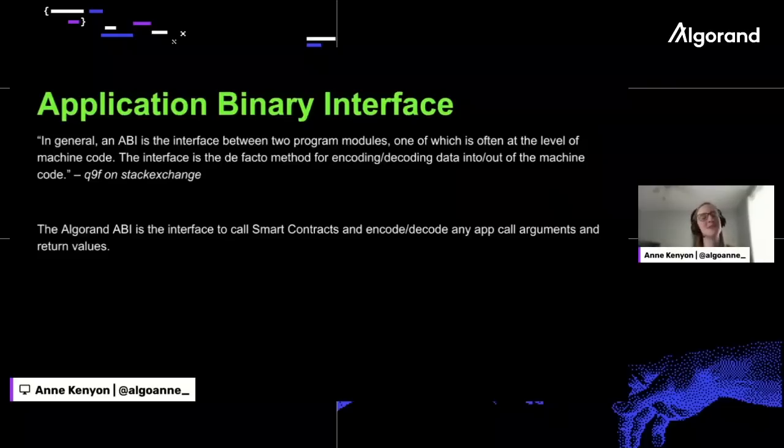How are they supposed to call that method? Well, nobody else can, probably, unless I put a huge amount of effort into explaining it to everybody. And this works fine if I'm writing a smart contract and I'm writing the front end. I mean, it's more work for me. I have to figure out how I'm going to encode things in an efficient way. But then I call it from my front end and it works.